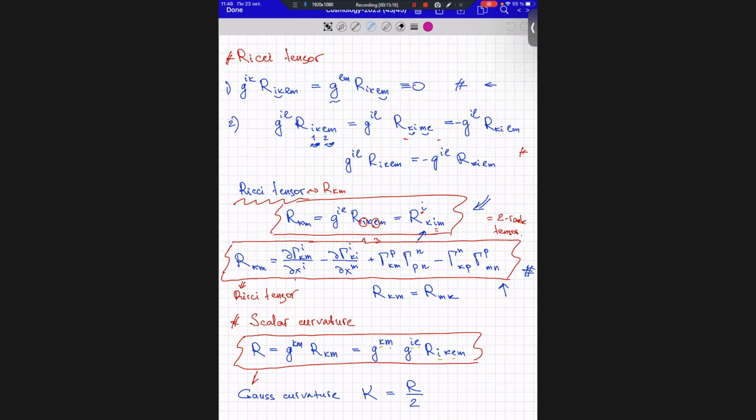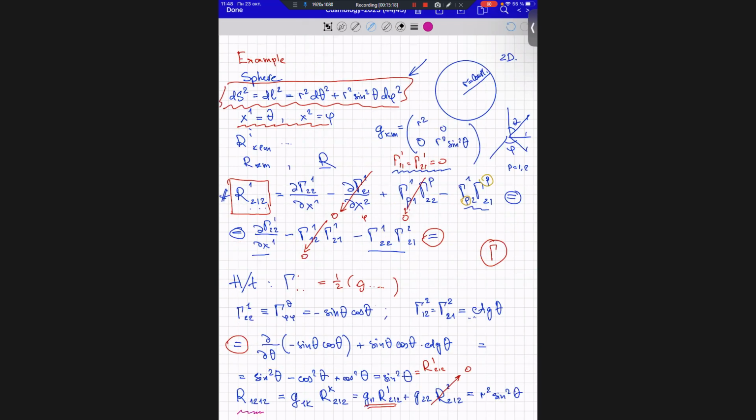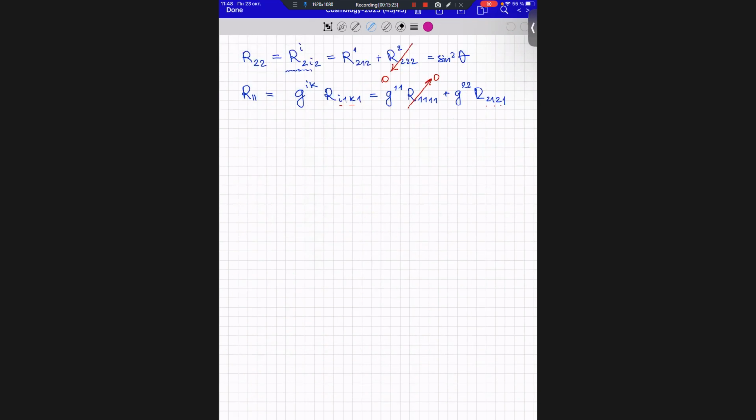To obtain this one with this order of indexes, I need to change twice, inside one pair and inside the second pair. If I change two times, minus times minus gives me plus. So finally I will write that it's equal to R_1212.